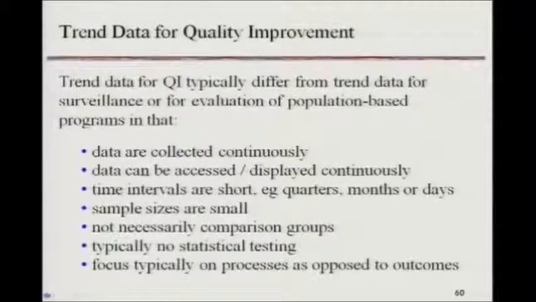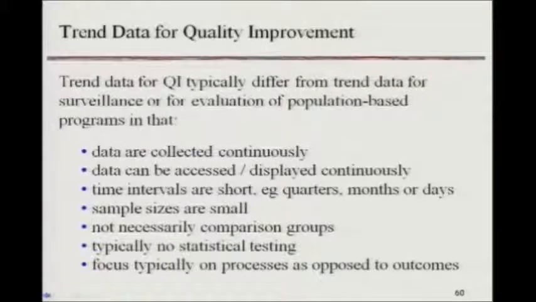I wanted to try and articulate some of what I'm seeing now. There's still very much an interest in looking at trend data, but how does that trend data work for QI? And please, those of you who are doing a lot of this work, tell me if I'm totally off base here or not. How does it differ from the trend data for surveillance or for program evaluation in the way we've been talking about it up till now?